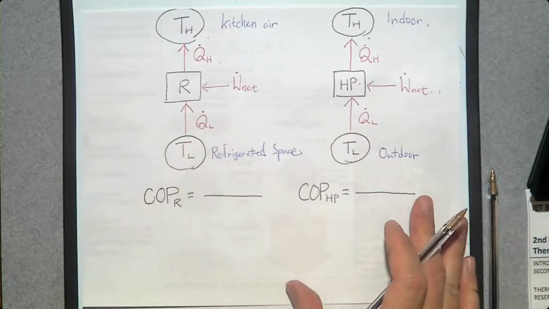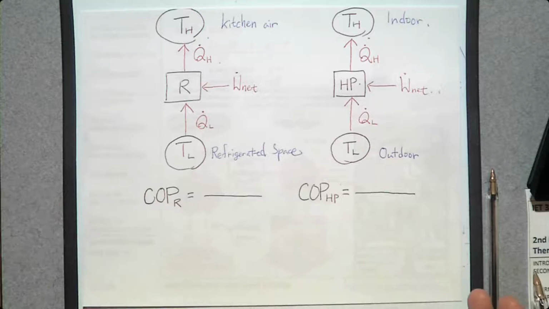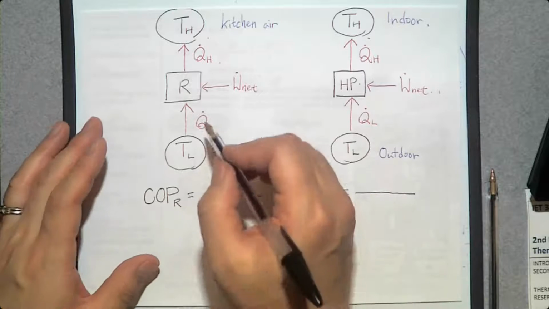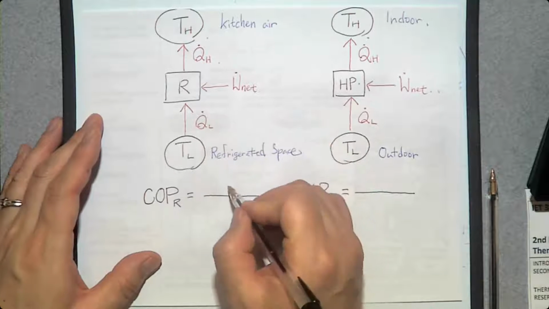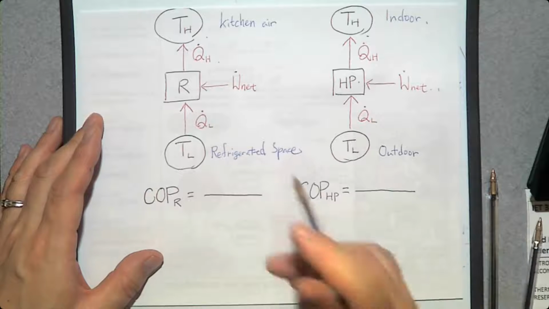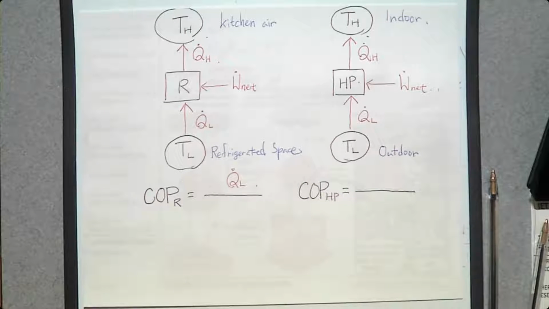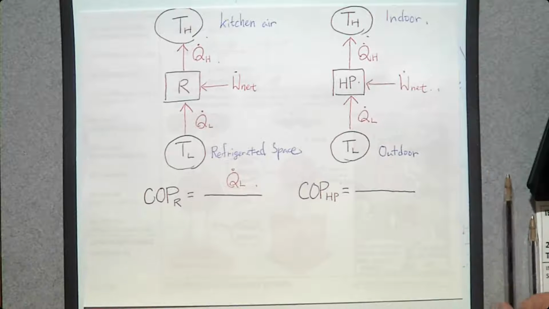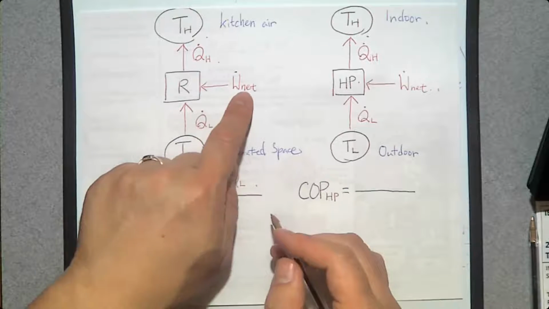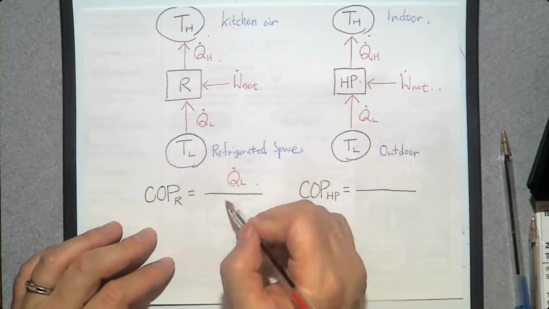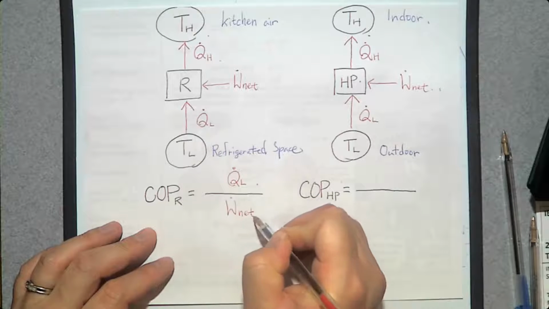We want to absorb heat from our meat, our vegetables, so we can keep them fresh, right? So the desired output is going to be Q dot L. Then to run a refrigeration cycle, what do we need to provide? Kitchen air? No, we need to provide electricity. So W dot net is the required input.